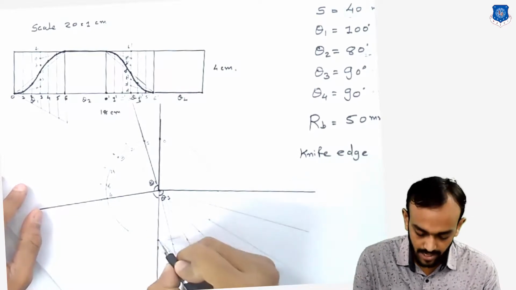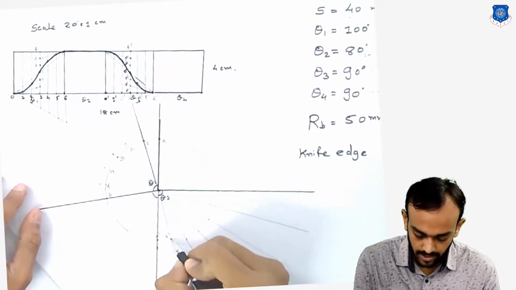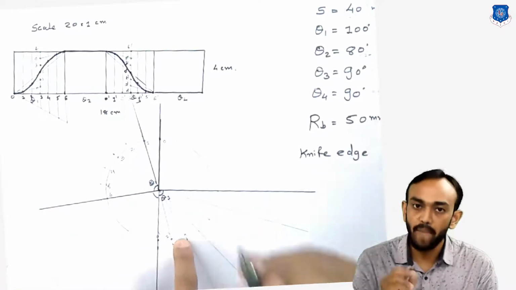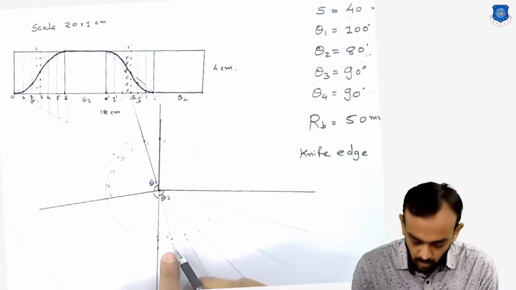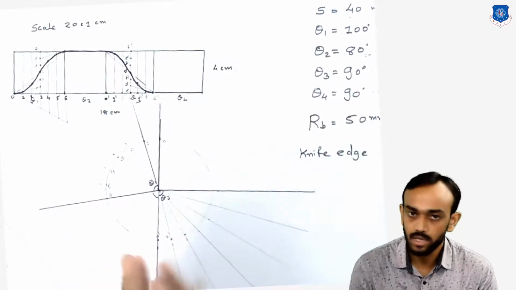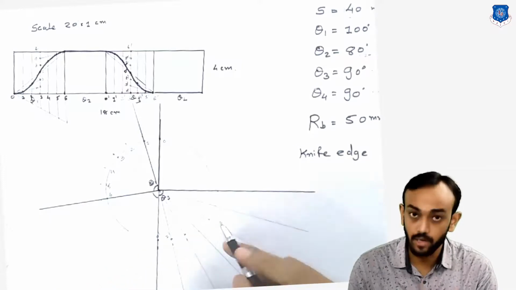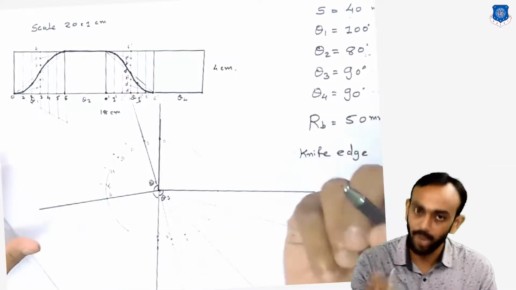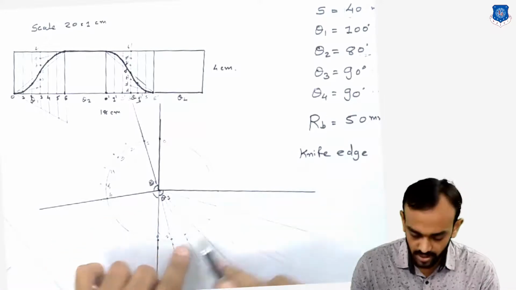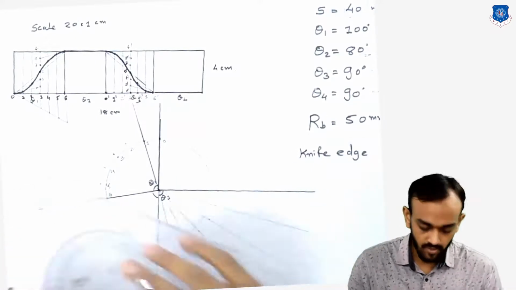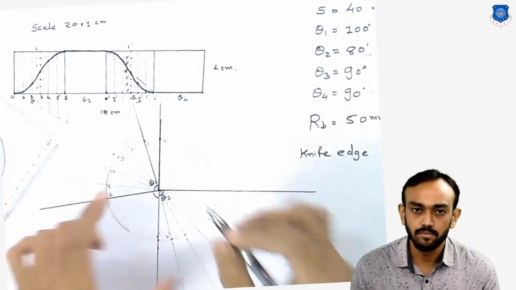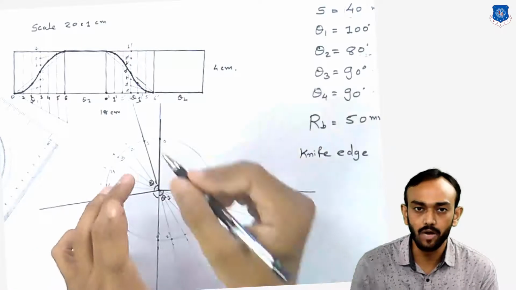It will be the same: 0 dash, 1 dash. You have to remember that the point on the base circle is very important, not this point, because this point we need only for the partition. Right now I am drawing with a pen so this may be a little bit darker, but you have to draw this partition point very light, because we need it only for drawing the line.